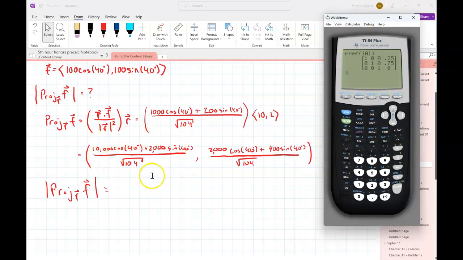I'm going to do this fraction, then this fraction, and then the square root of each of those answers squared. Just so everybody's clear as to how I'm going to type this in. I could type it all in one line, but it just feels like it's going to get too messy for me.